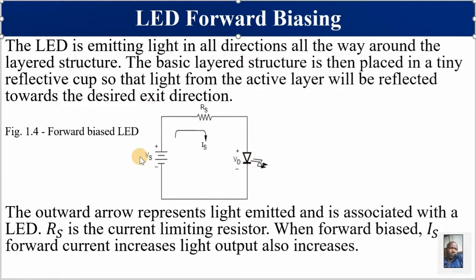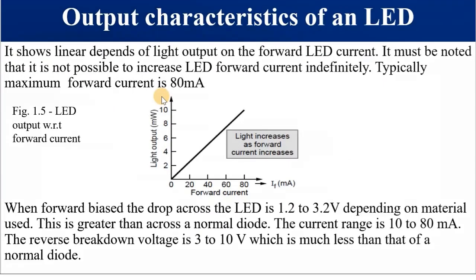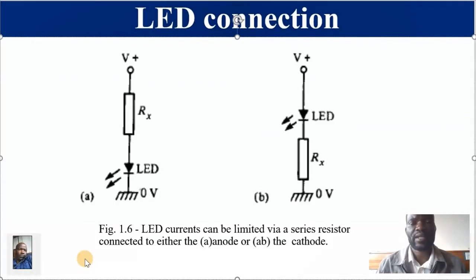But if you increase it beyond a certain range, it is going to be destroyed. I want to summarize that slide in one sentence: it is showing the connection of an LED in a circuit.